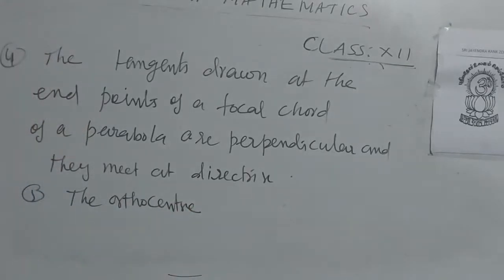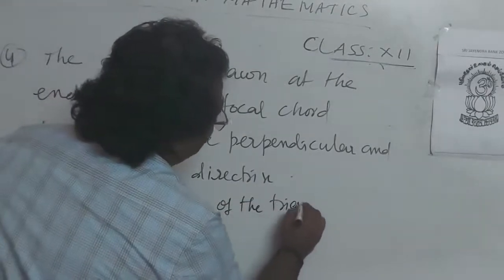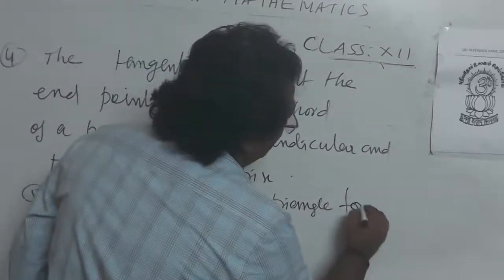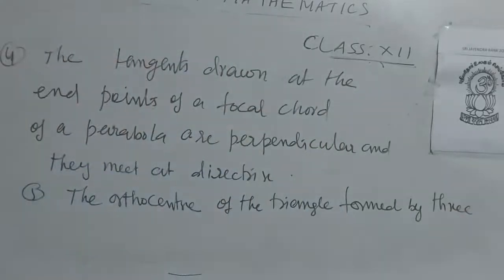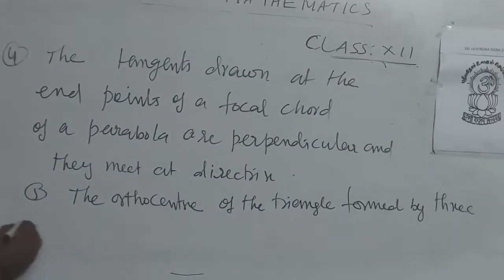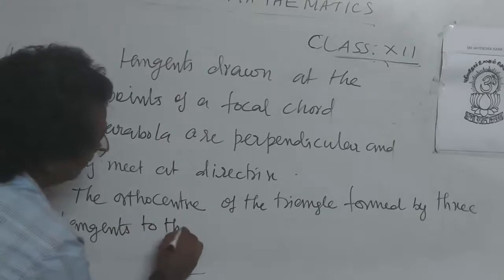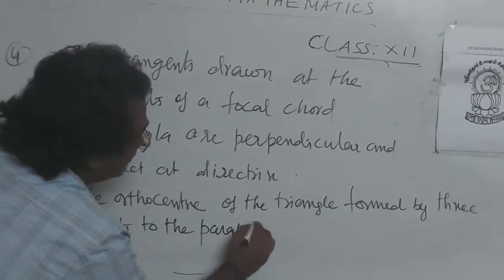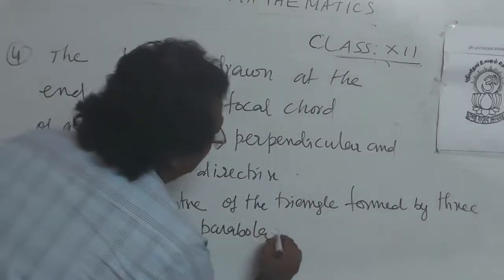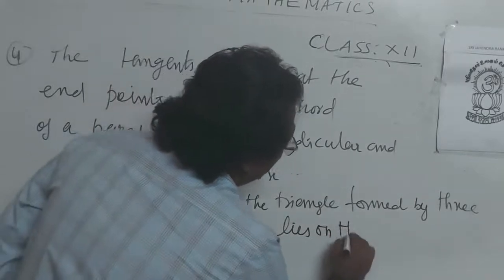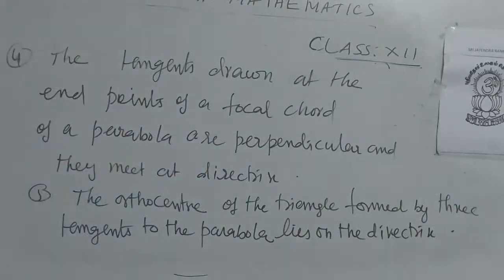The orthocenter of the triangle formed by three tangents to the parabola lies on the directrix.